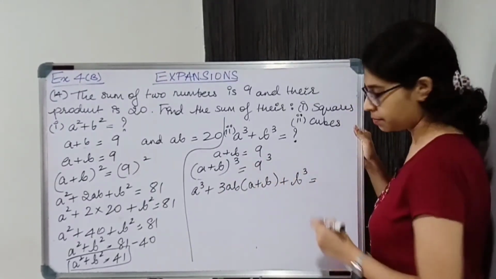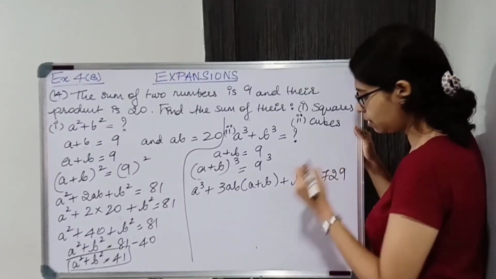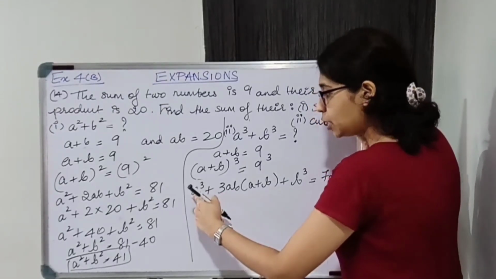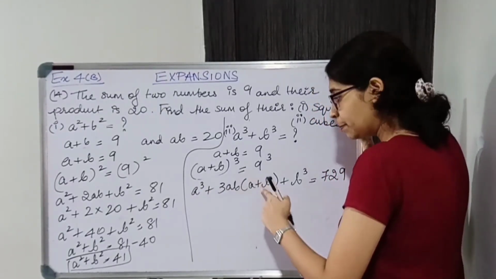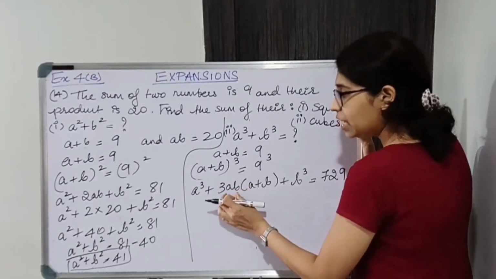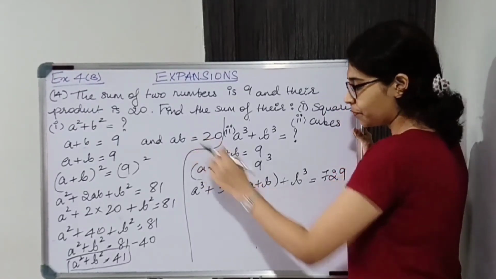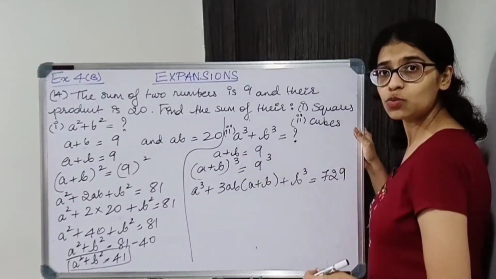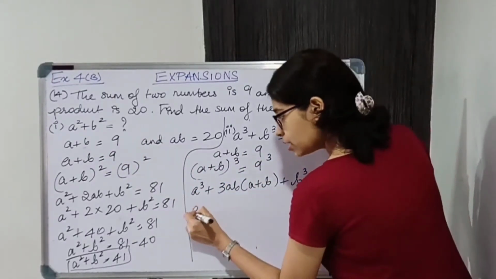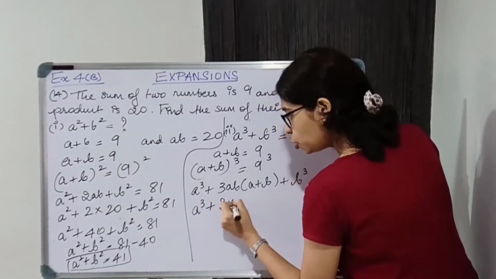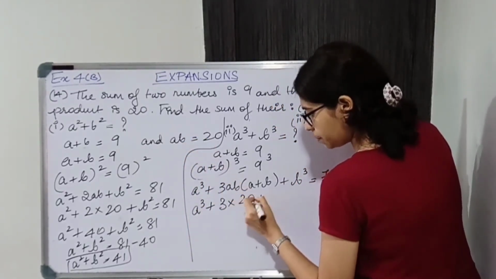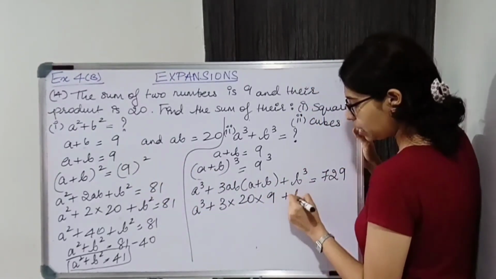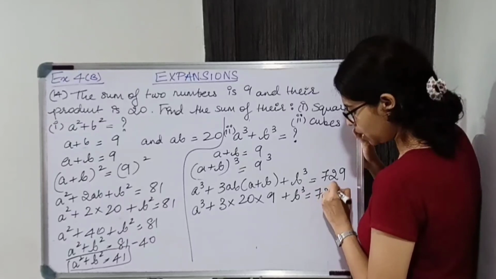9 cubed is 729. Now a cube plus 3ab into (a plus b). The value of ab I know is 20, and a plus b is 9. So I'll just substitute the values. a cube plus 3 into 20 into 9 plus b cube is equal to 729.